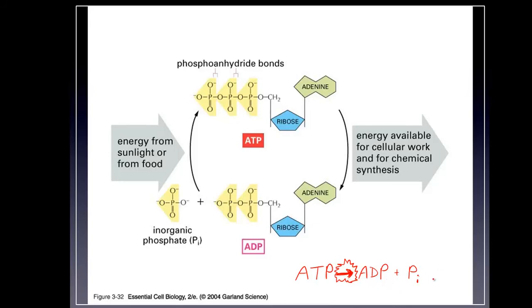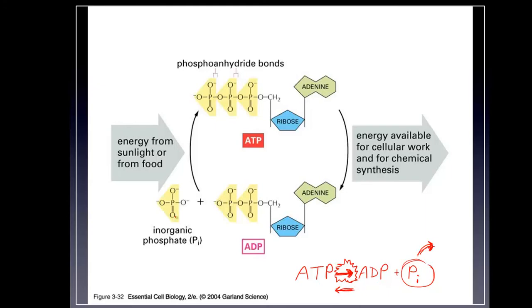So what actually happens is this inorganic phosphate, now that it's free, can go off and bond with various other molecules in the cell. And when it bonds with them, that's when the energy gets released. Okay? And after it's done that, this inorganic phosphate may join up again with ADP, and this might go in the other direction to make ATP.